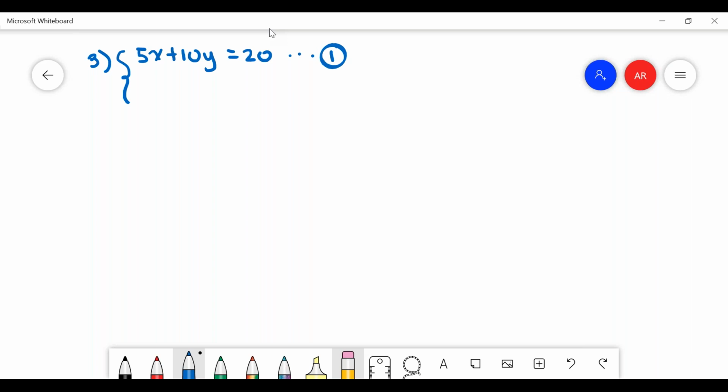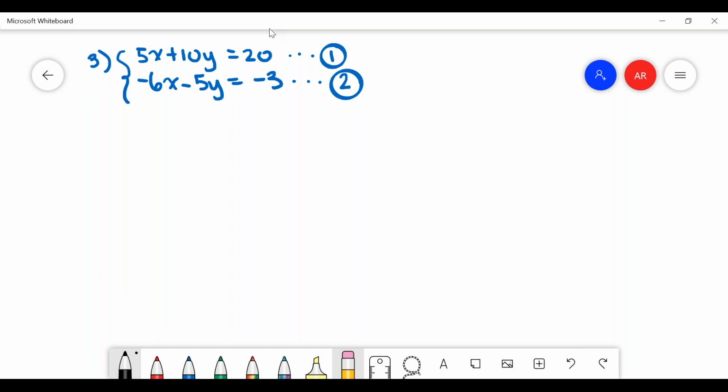Equation number 1, and minus 6x minus 5y is equal to -3. We'll call this equation number 2.